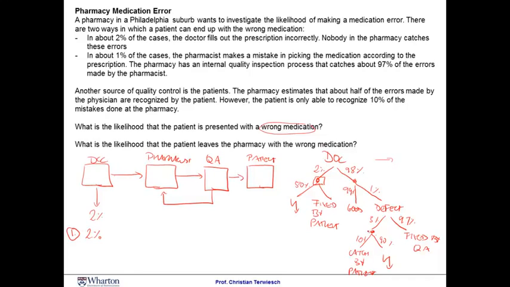And then, we're looking at this case, independent of whether the patient catches it or not, with a probability of 0.98 times 0.01, the probability of the pharmacist making a mistake, times 0.03, the probability that the QA person doesn't catch it. We're going to get a total probability that corresponds to 2.0294%. And then in the second question, we really are interested in this final outcome here at the bottom.